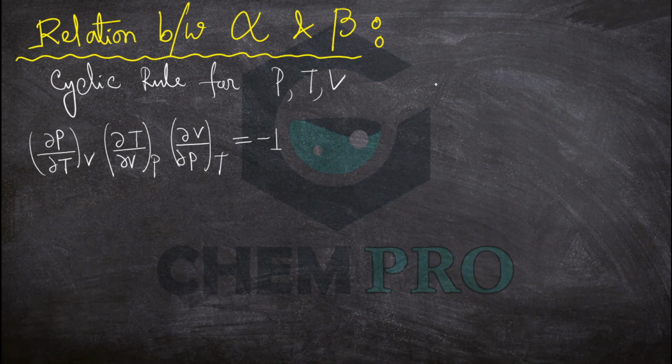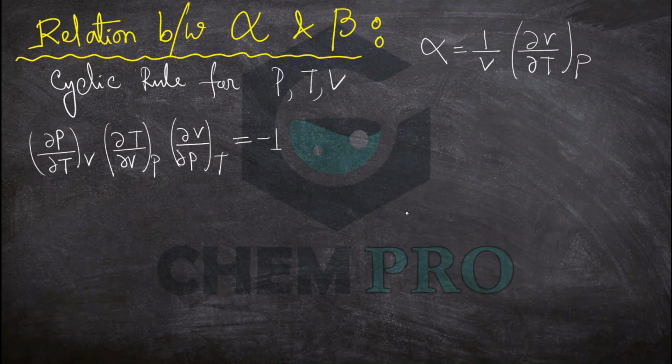And we have the value of alpha, that is alpha equals 1 by V into del V by del T at constant P, and beta equals -1 by V into del V by del P at constant T.